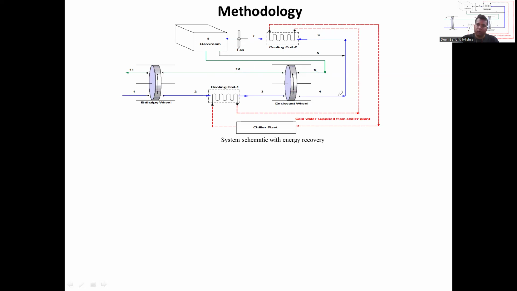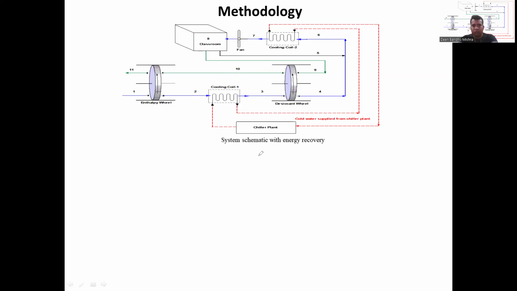At point 4, the air is mixed with the classroom recirculated air, and after that it again passes through the cooling coil 2, where it is further cooled and dehumidified before being supplied to the conditioned classroom with the help of a duct arrangement. The condition at point 7 is such that it can handle the load of the air conditioned classroom to maintain comfort condition.